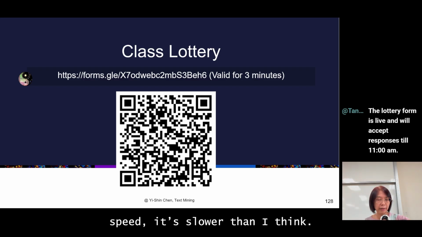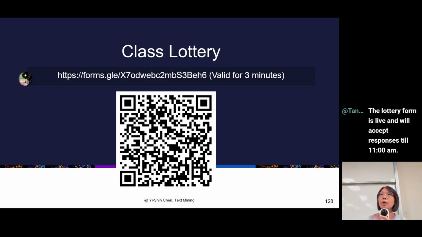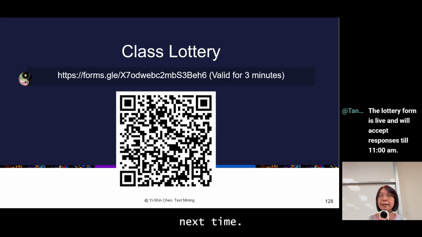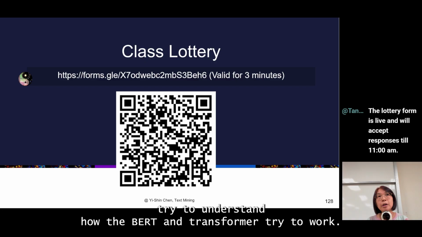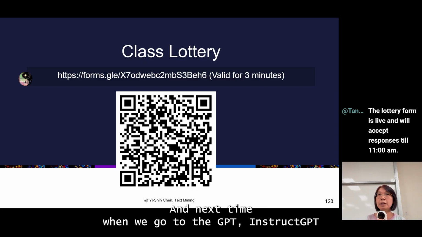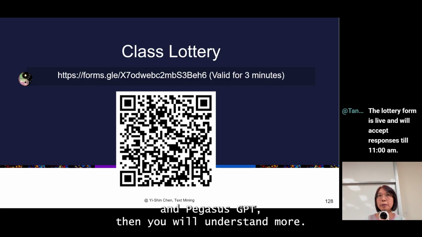It's slower than I thought, because we had an audio problem. Okay, so that is our third lecture. GPT and some other information, we'll talk about next time. For today, when you go back, try to understand how BERT and the transformer work. And next time when we go to GPT, InstructGPT and Pegasus, then you will understand more.